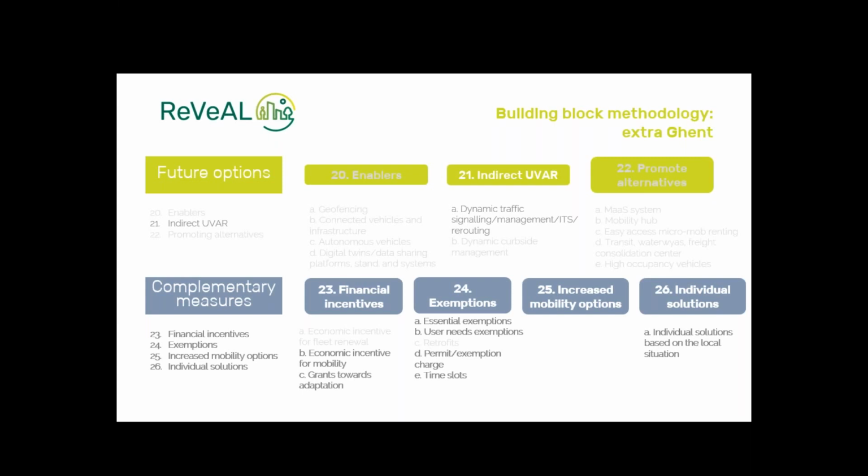So for example, an economic incentive for mobility, or the option of trading in your old car for a mobility budget, or certain exemptions that were used, such as people who lived in the city center who could still enter the circulation plan area, or other specific individual solutions related to the strategy.